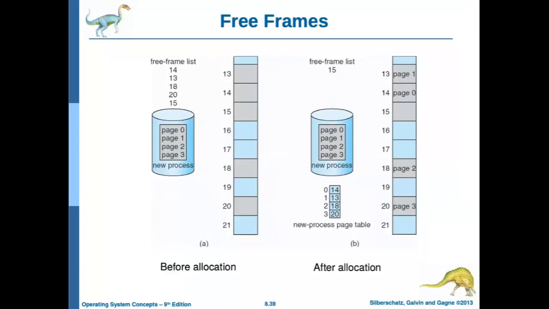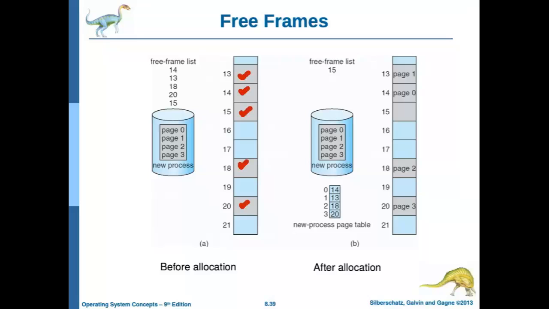In this diagram, before allocation, frames 14, 13, 18, 20 and 15 are in gray shade. These are free.